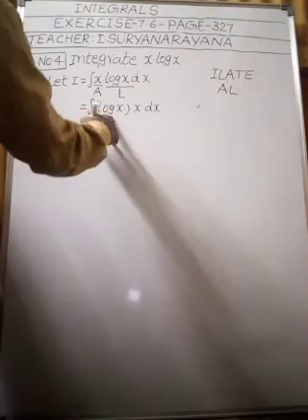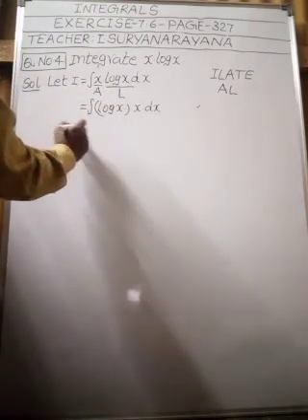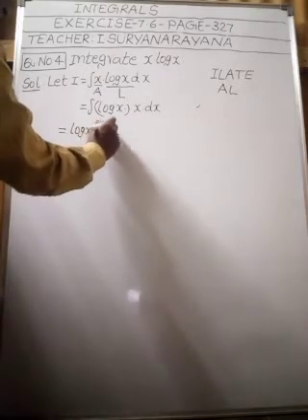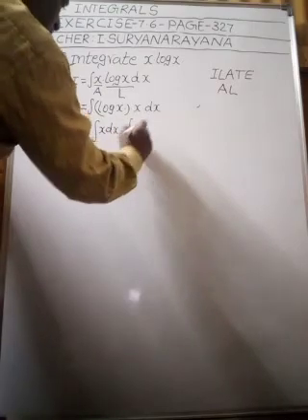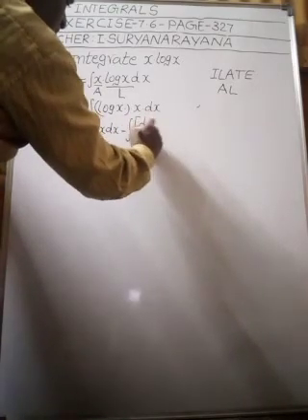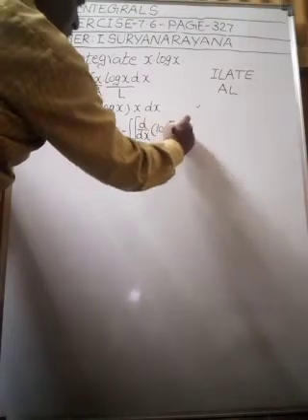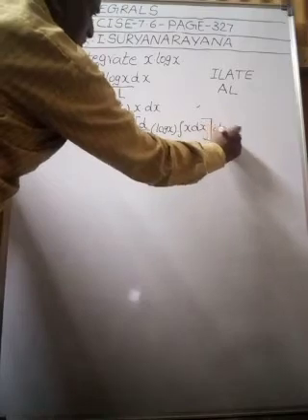Here first function is log x and second function is x. Okay, my children? Right. So first function, that is log x, into integral of second function, minus integral of d by dx of first function into integral of second function, whole dx.